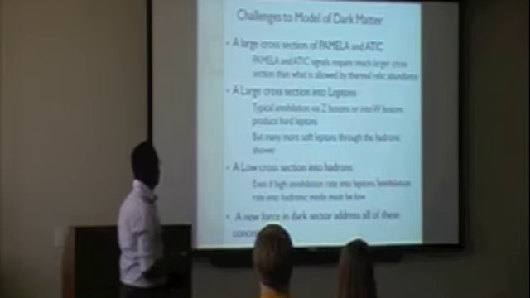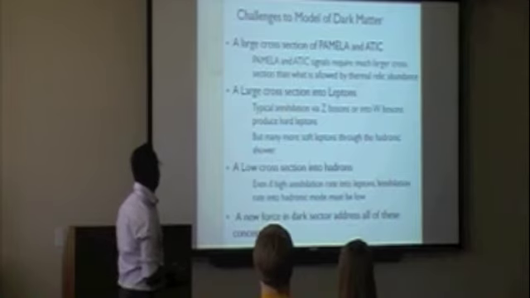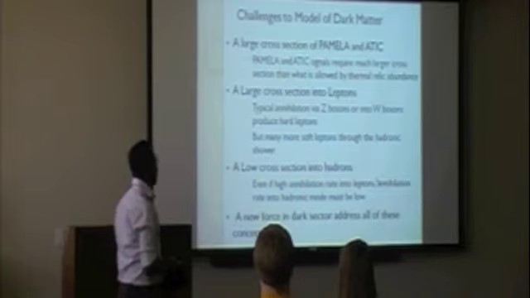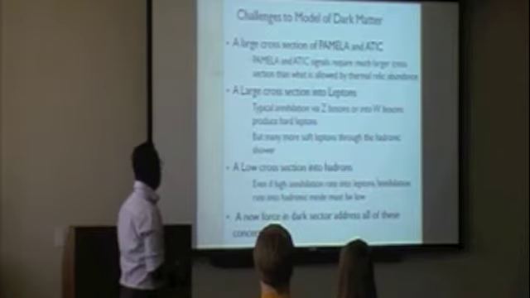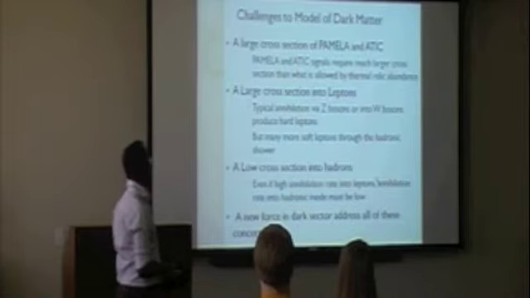When we model dark matter with high energy electrons and positrons, we have to face some challenges. The PAMELA and ATIC signals require a much larger cross section, but the thermal relic abundance doesn't allow it.